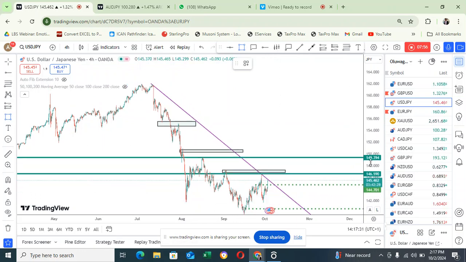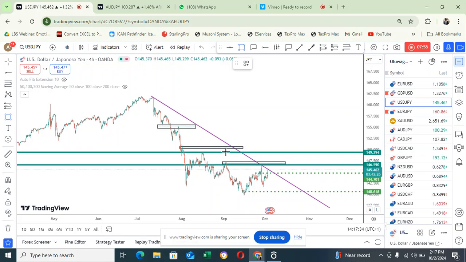And then you can see another lower low. Here is a lower low.